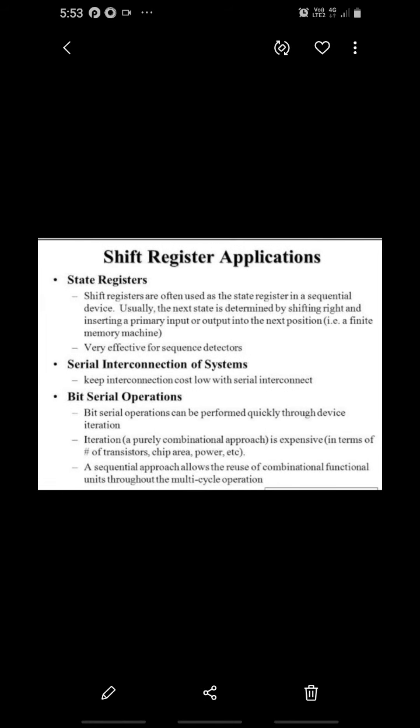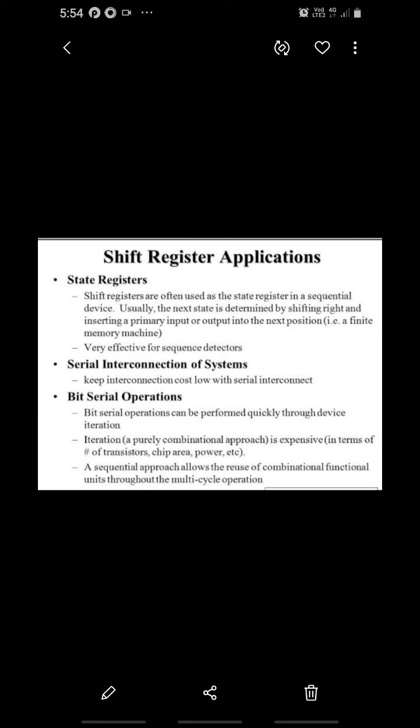Next, applications of shift registers. Shift registers are often used as the state register in sequential devices.